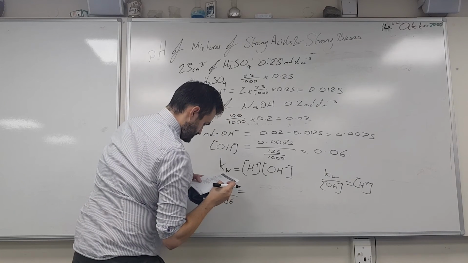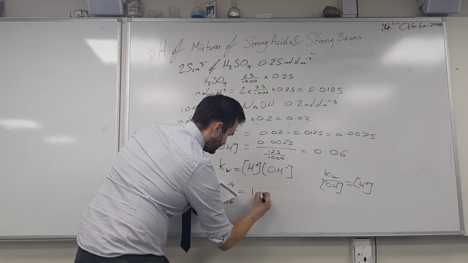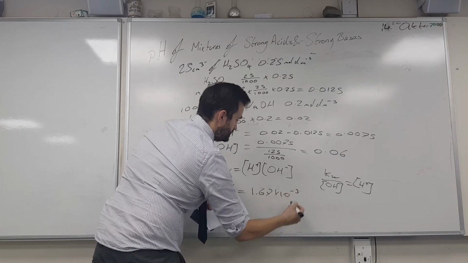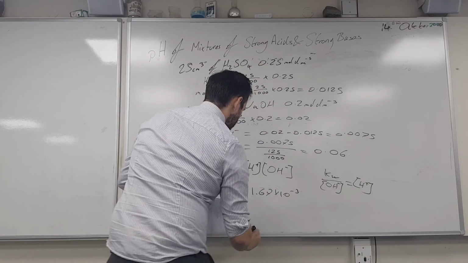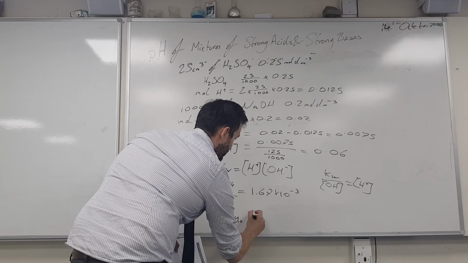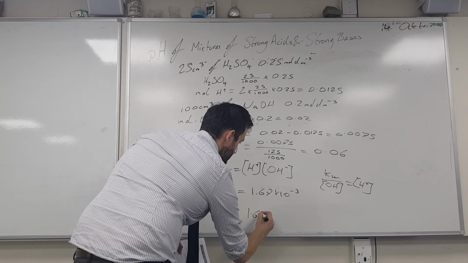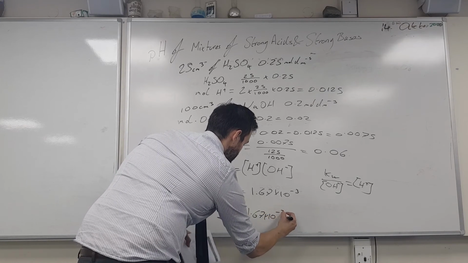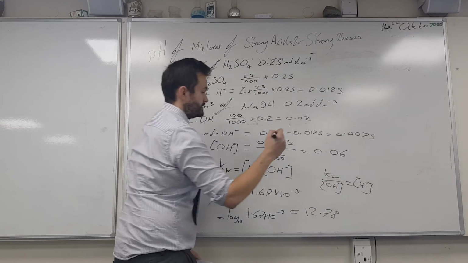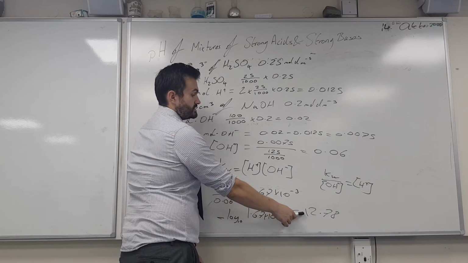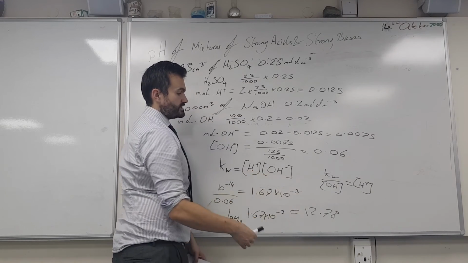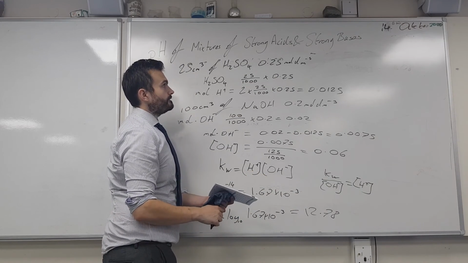We get 1.67 times 10 to the minus 13. Then we do minus log of 1.67 times 10 to the minus 13, which gives us 12.78. Sense check: it's a high pH, so it's going to be alkaline. We've got an excess of OH minuses, so we're happy.